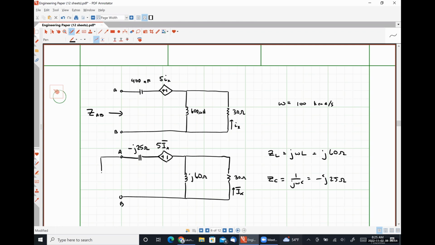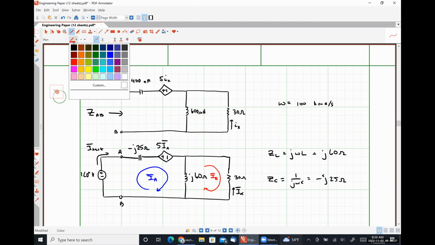So I would put a 1 angle 0 degrees volt test source here, where this current is my test current that I'm trying to measure. This would be my mesh current IA. This would be my mesh current IB.